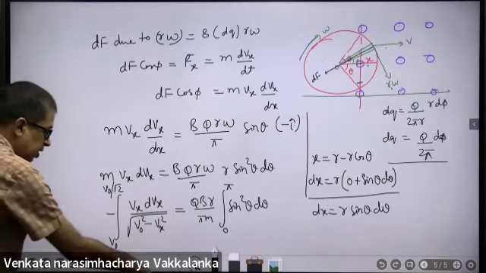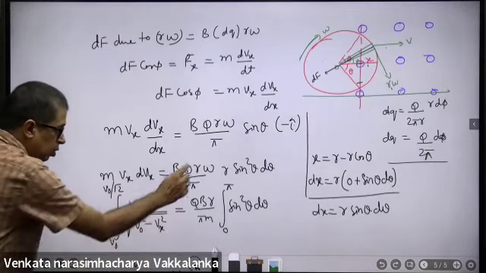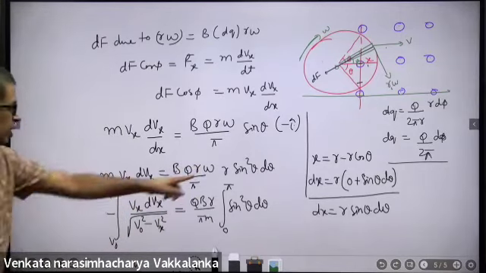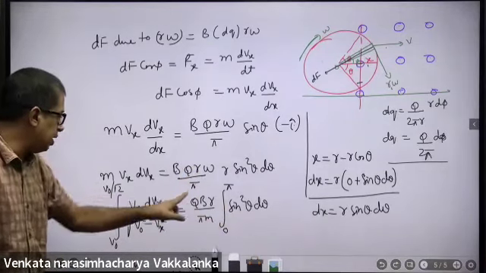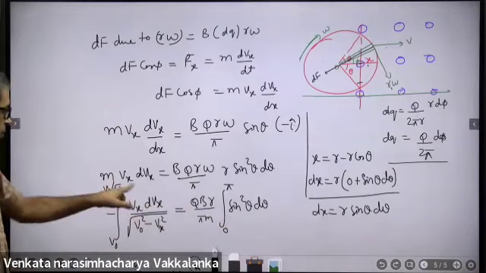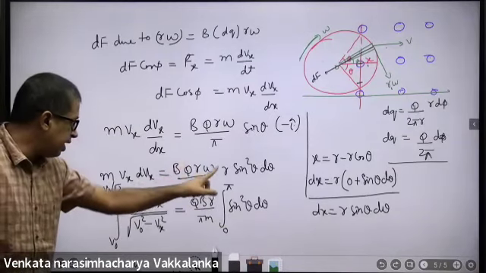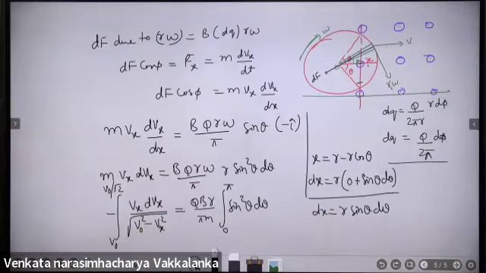This will give me the answer, but you will have to figure out how I came from this step to this step. R sine square theta is not a big deal. Pi m I brought to the denominator, but how did I write this part of omega as root over v naught square minus vx square and bring it to the denominator? Do you know this integration? Yes, sir. Right? Now just figure out how I got this. That completes the problem.